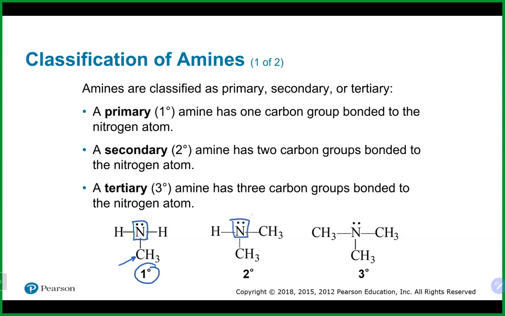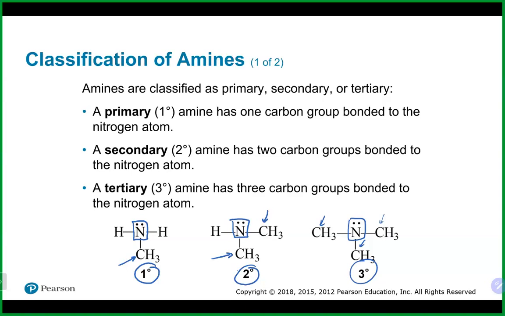This nitrogen has 1 and 2 carbon groups attached to it, which is a secondary. And then obviously here at the end, our nitrogen has 1, 2, and 3 carbon groups attached, which makes it a tertiary amine.